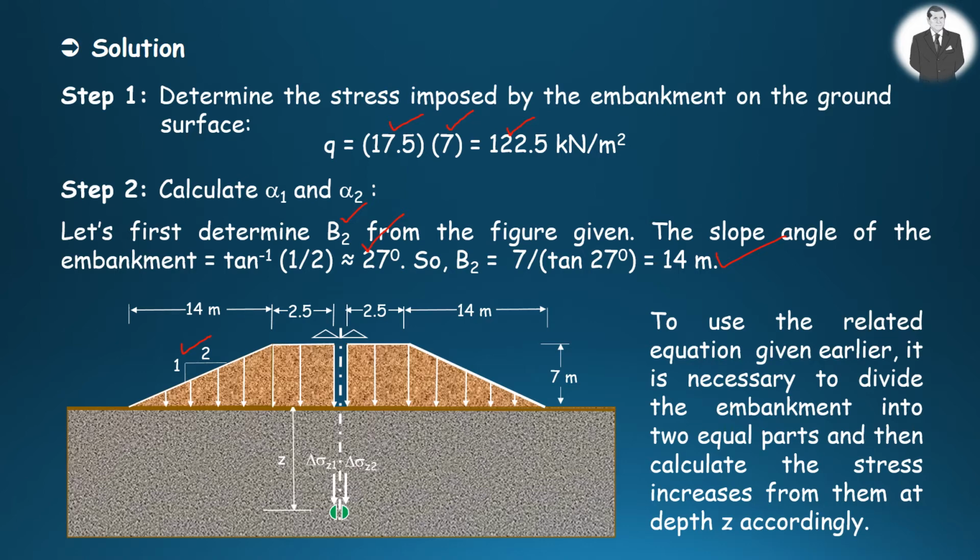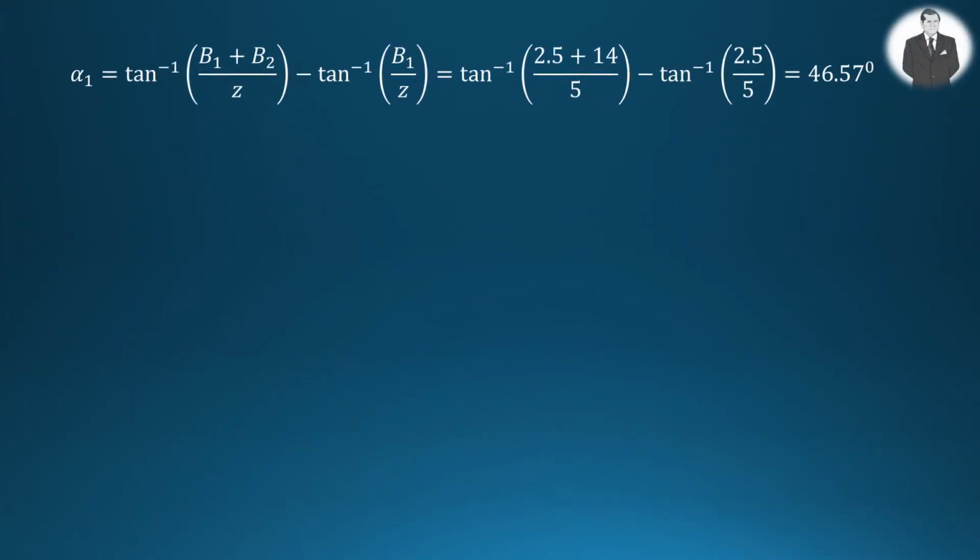To use the related equation mentioned earlier, it is vital that we divide the embankment in two equal parts as shown in the figure, and then figure out the stress increments from each one at depth Z. Based on the widths of embankment, which are B sub 1 and B sub 2, and the depth Z, we can easily compute the angles of alpha sub 1 and alpha sub 2 as illustrated.